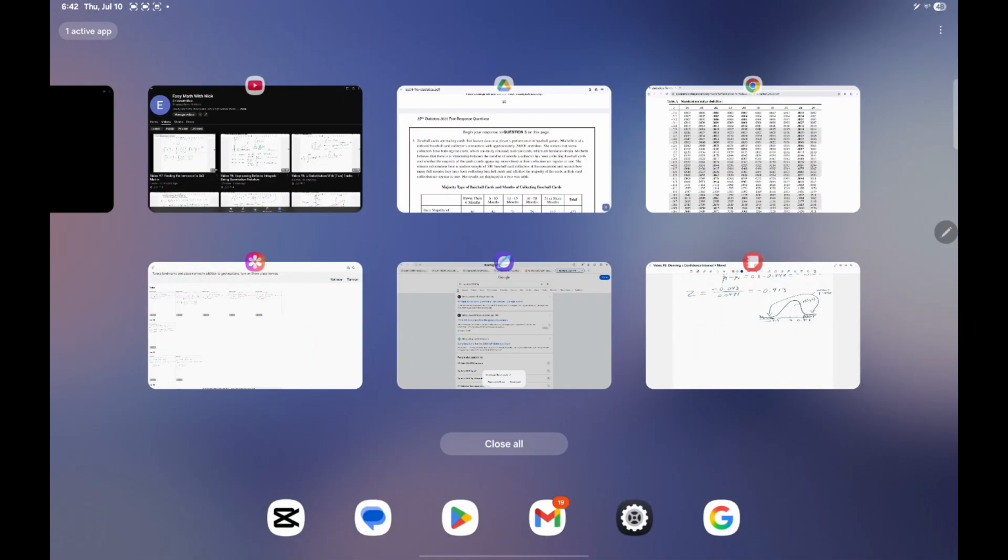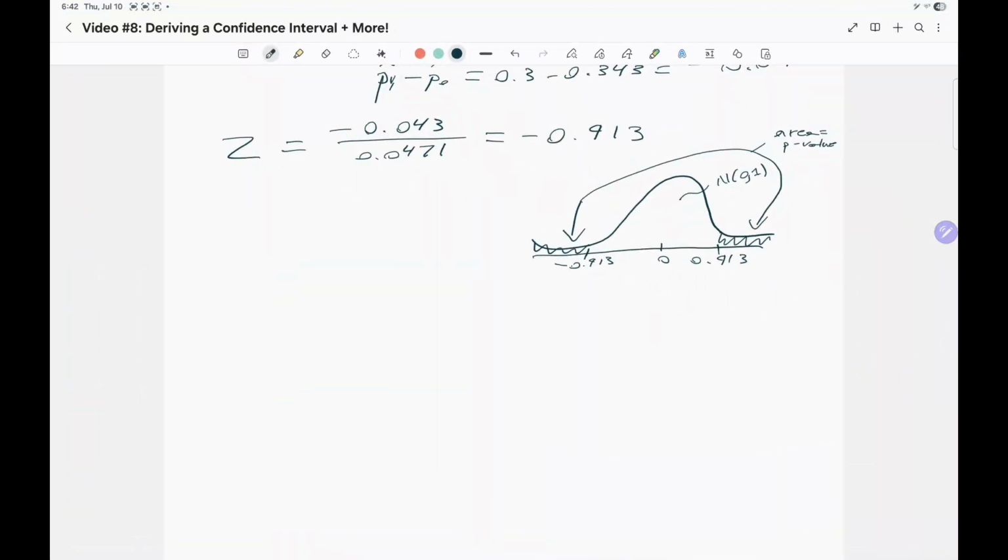So the area for one of these tails is 0.1814. Because of symmetry, as we stated before, the area for both of these individually is 0.1814.